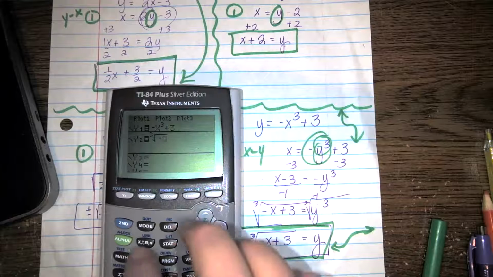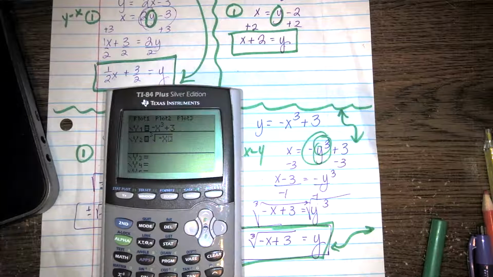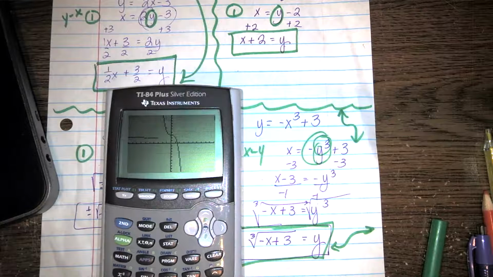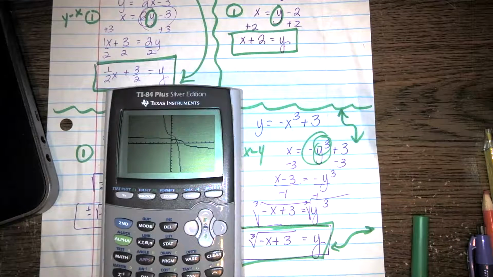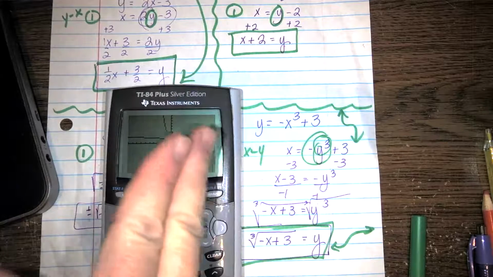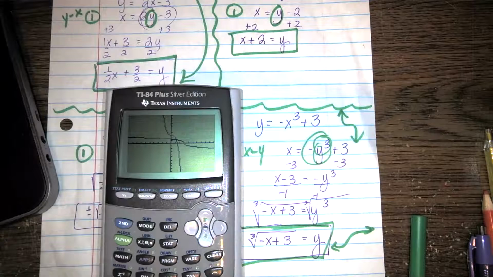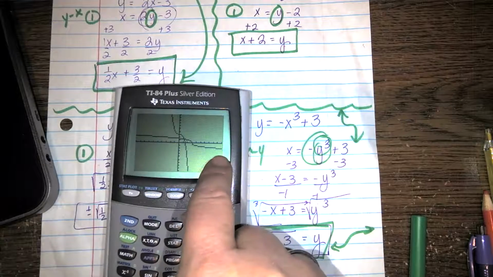So negative x plus 3. Okay, and let's, oh, well, that's cool. I didn't have it drawn quite right there because of the negative. Huh, that's neat. So it's taken this and it's kind of flipped it the other way. So notice it comes down like this.